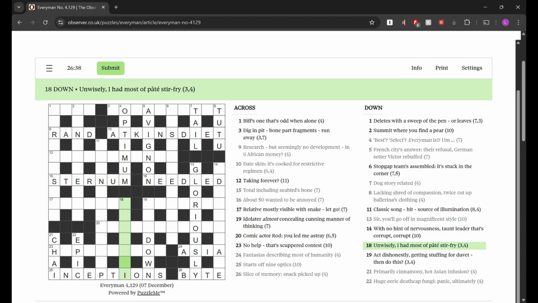18 down. Unwisely, I had most of pate stir fry. Unwisely, is that anagram? I had. Maybe I had most of pate. Is it like pad thai?